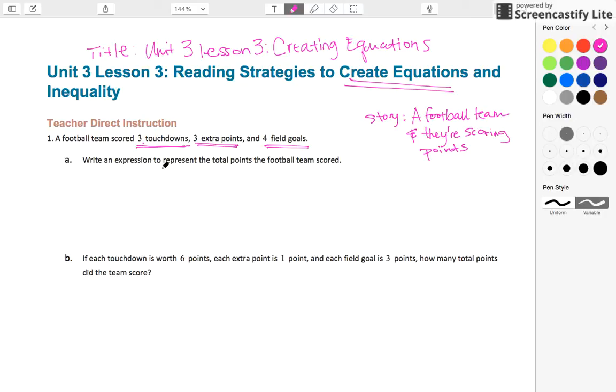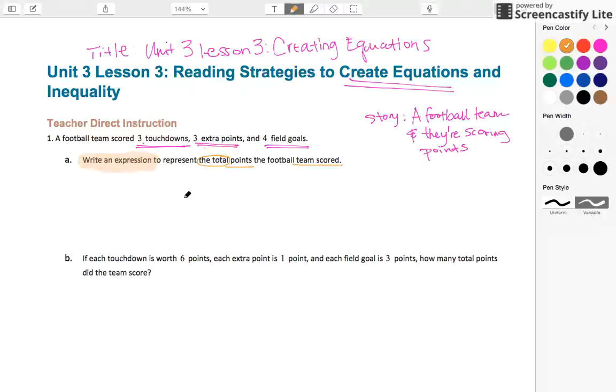Okay, and so right here, the next question is telling us to write an expression, right? So remember, an expression has numbers and variables, and or variables. So I want to represent the total points the football team scored.